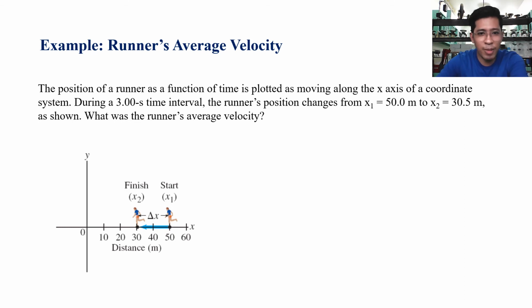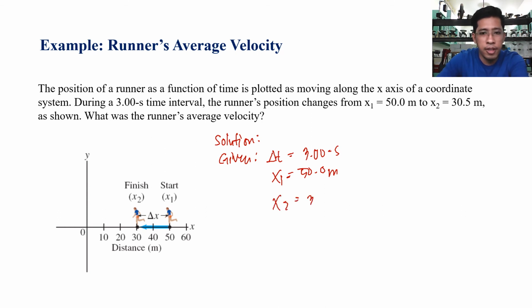Okay, let's solve the problem. Here is the solution. We are given the time interval delta t equals 3.0 seconds, x1 equals 50 meters, and x2 equals 30.5 meters. Our target is to solve for the runner's average velocity, Vx average.